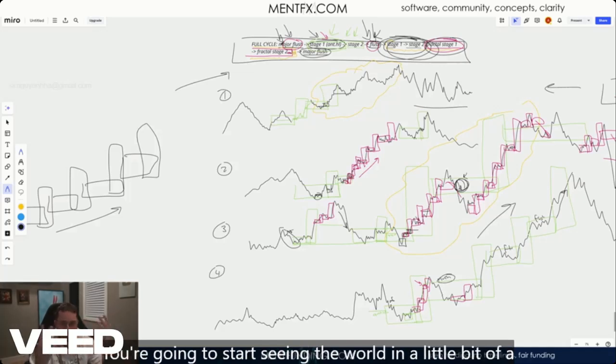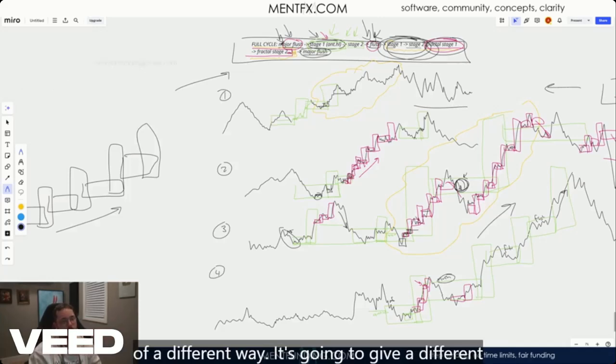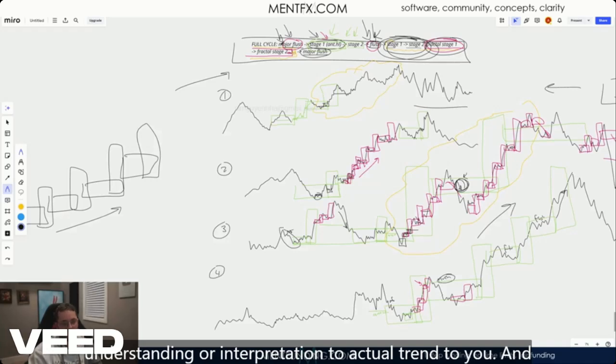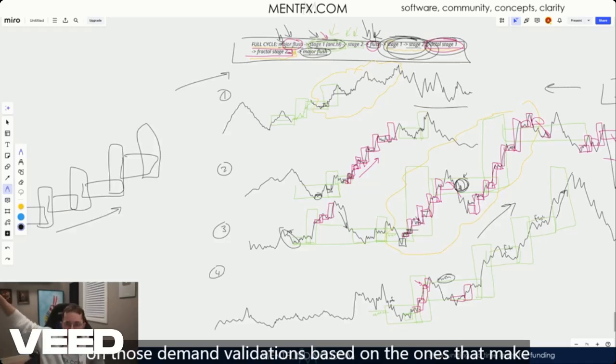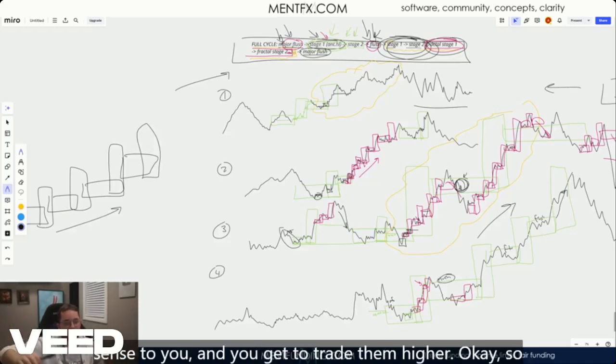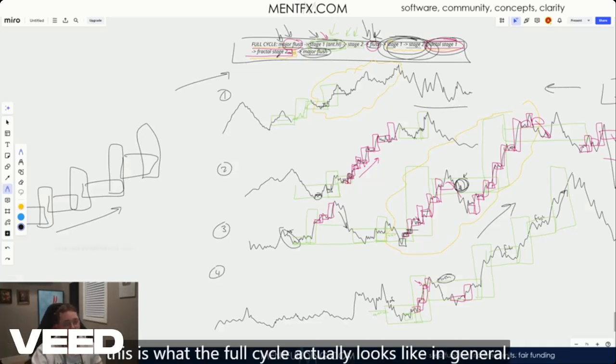You're going to start seeing the world in a little bit of a different way. You're going to see the charts in a little bit of a different way. It's going to give a different understanding or interpretation of actual trend to you. And then all of a sudden, your focus goes to actually getting in on those demand validations based on the ones that make sense to you, and you get to trade them higher, okay? So this is what the full cycle actually looks like.